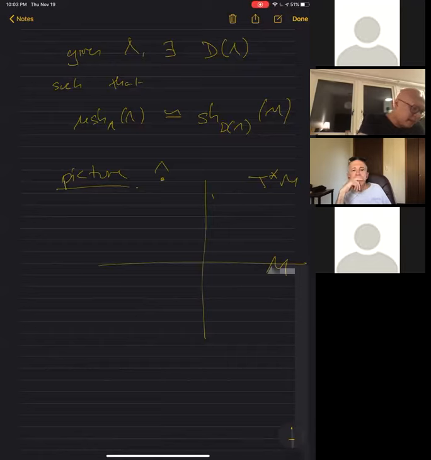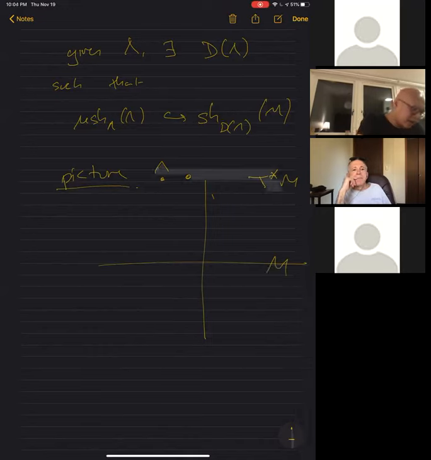And making the double of lambda, I just take another one. And this is not an isomorphism, this is an inclusion. But it includes fully faithfully. Why should mu sheaves of lambda be sheaves on the double?